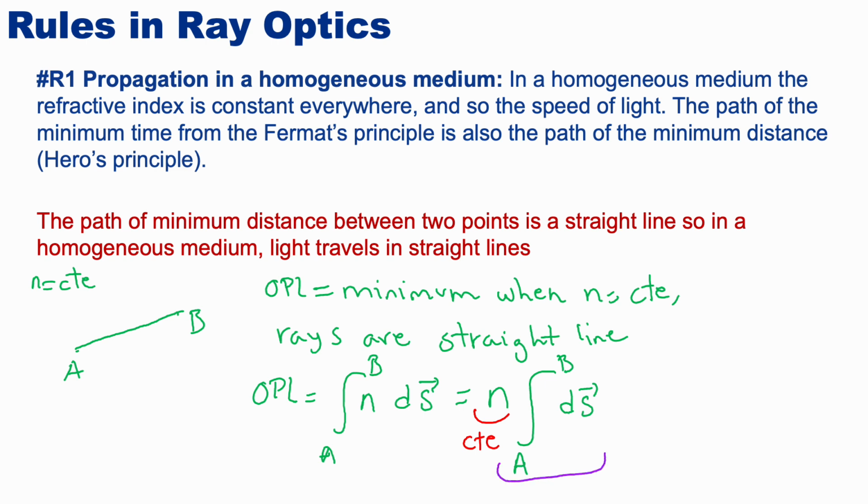This integral is the geometrical distance from A to B, and that is how we usually define the optical path length.